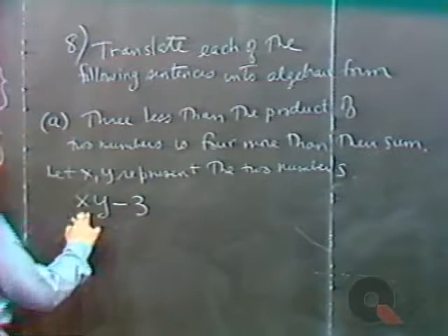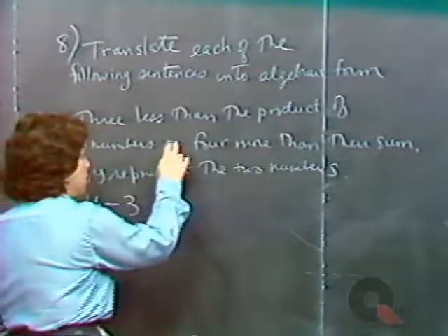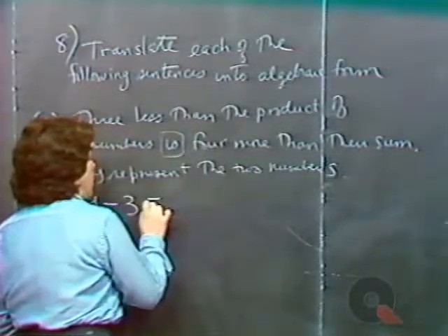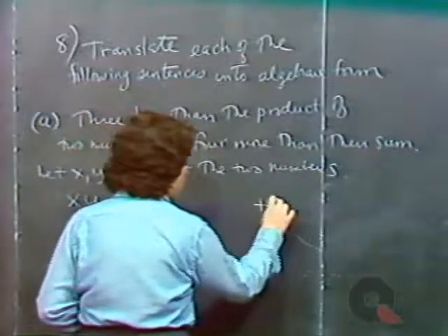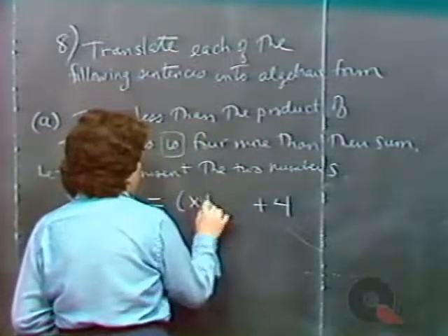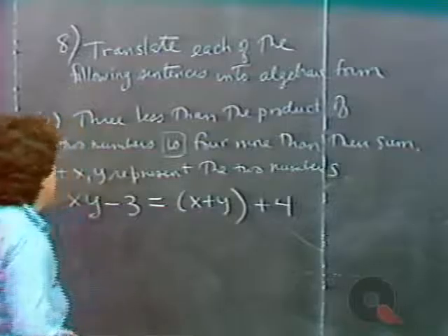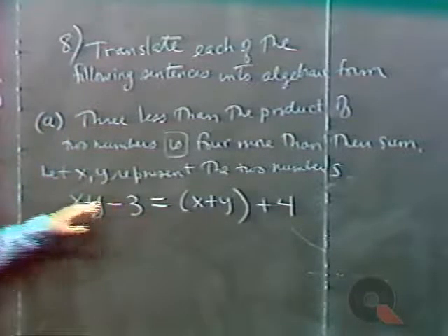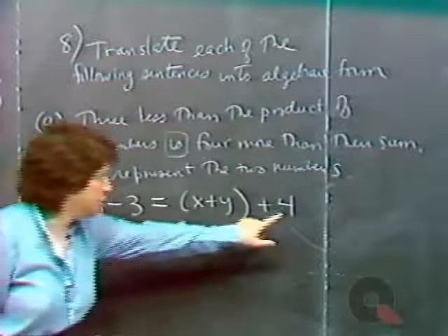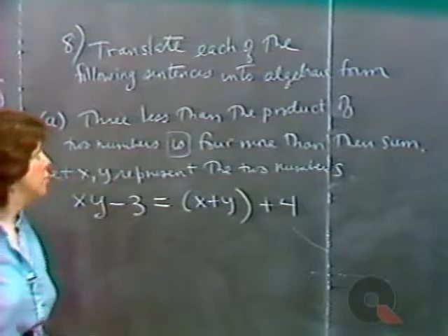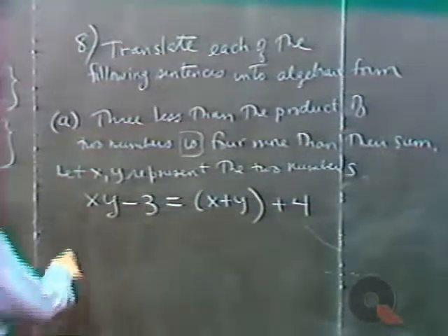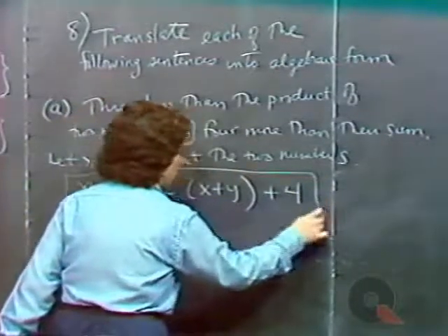Is is translated as an equal sign. 4 more than their sum. So 3 less than the product of 2 numbers is, or equals, 4 more than their sum. So this sentence translated into this equation.